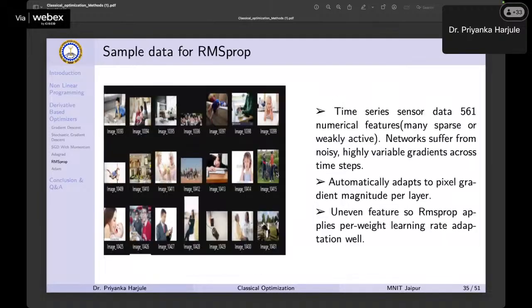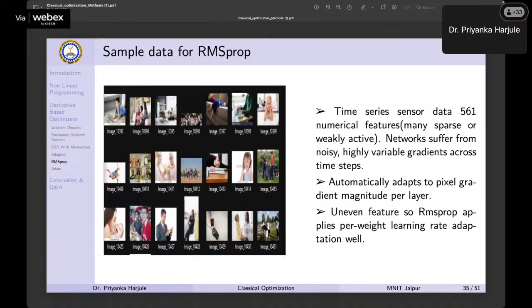So this data set is a perfect example for using RMS prop. This data set combines the time series sensor data, which is in the form of image, and the data is very sparse, noisy, and has uneven gradients.